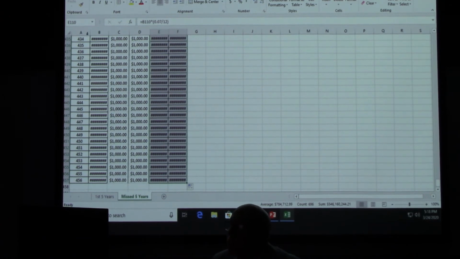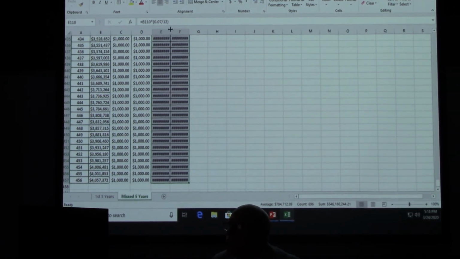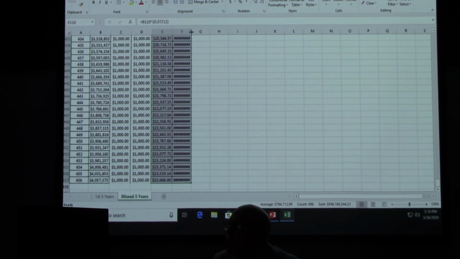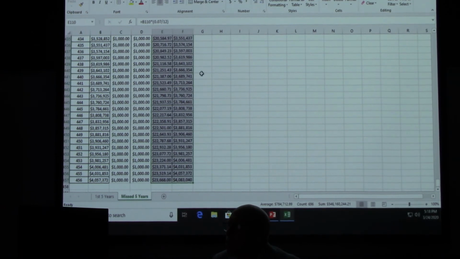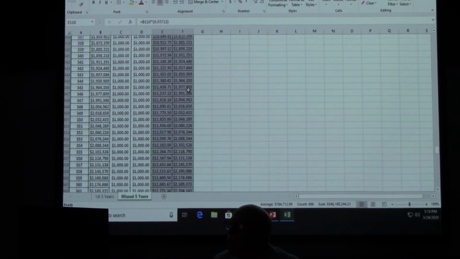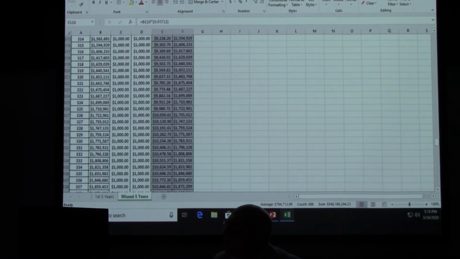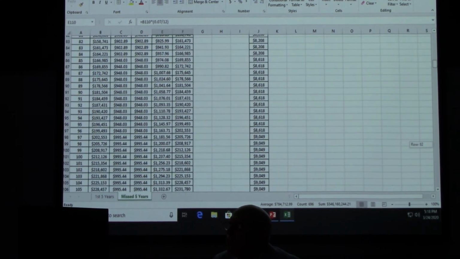Bing, ba bum, ba boom. We're going to need some more space because we're saving so much money. And let's see, something's off. Let's go up here and see where we are. What is the problem?